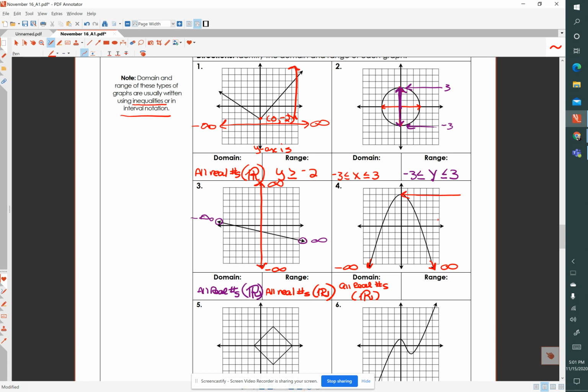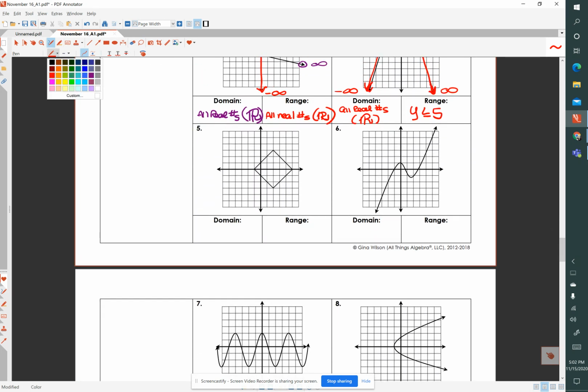That is 1, 2, 3, 4, 5. That's this point where this quadratic turns, at y equals 5. So everything below 5 is part of the range of the graph. So we would say y is less than or equal to 5.